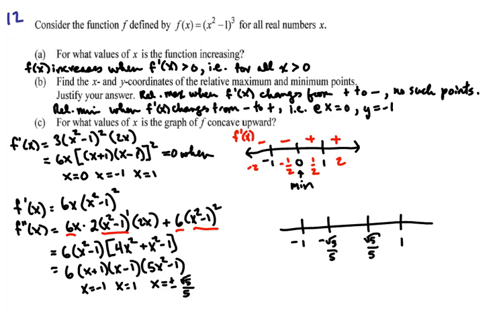So I make my sign chart, I choose some values. Okay, and so we're going to test the second derivative with -2, -3/4, 0, 3/4, and 2. With -2 we get negative, negative, positive, which is positive. With -3/4 we get positive, negative, positive, which is negative.